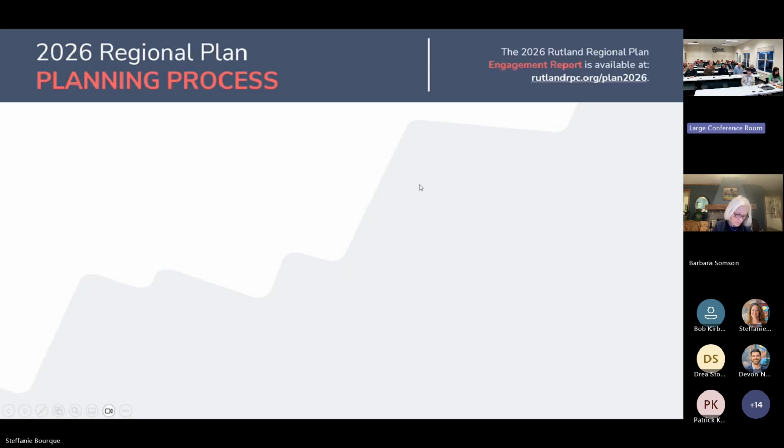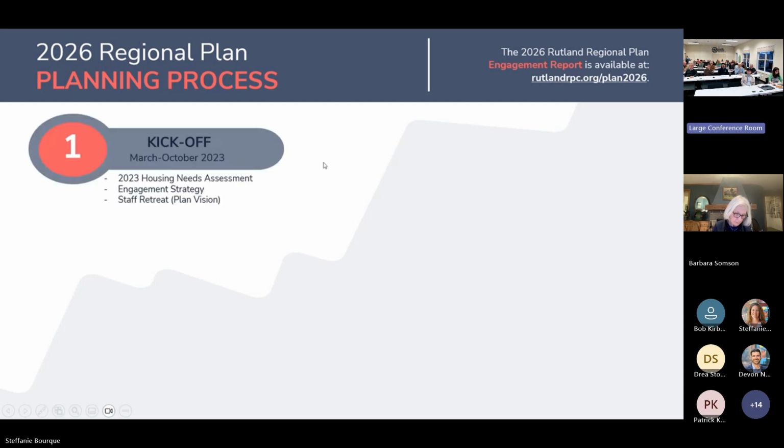So in terms of the planning process, we started off in March of 2023. In that first phase of the planning, we had a housing needs assessment completed by the Vermont Housing Finance Authority for the Rutland region.